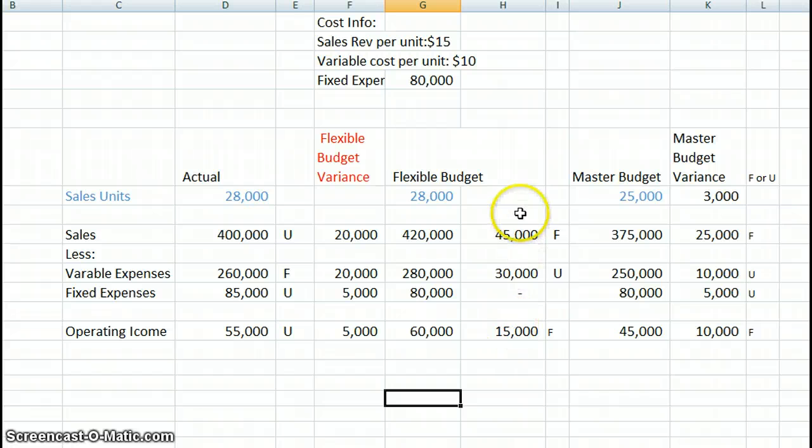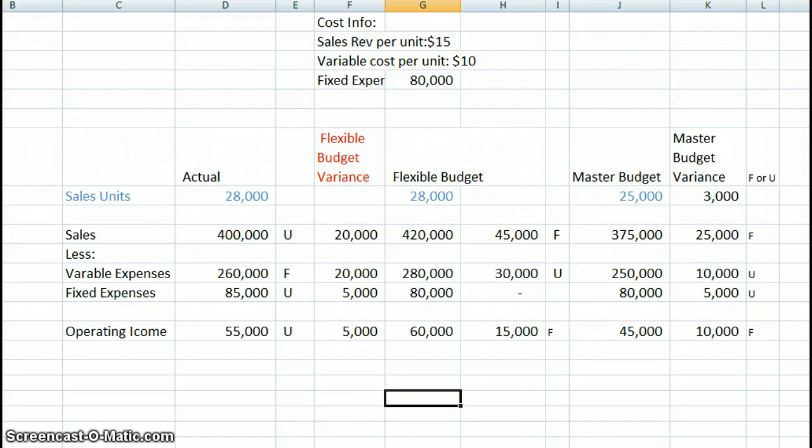If you notice, when you go down the column of your variances, they do add up, but you need to keep in mind whether they're favorable or unfavorable. So 45,000 favorable plus a 30,000 unfavorable is equal to 15,000 favorable variances. It's kind of like the unfavorable variances are subtracted from your favorable variances.